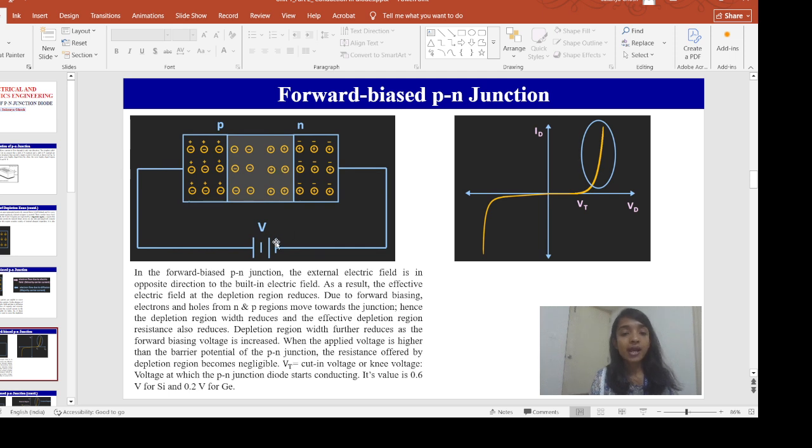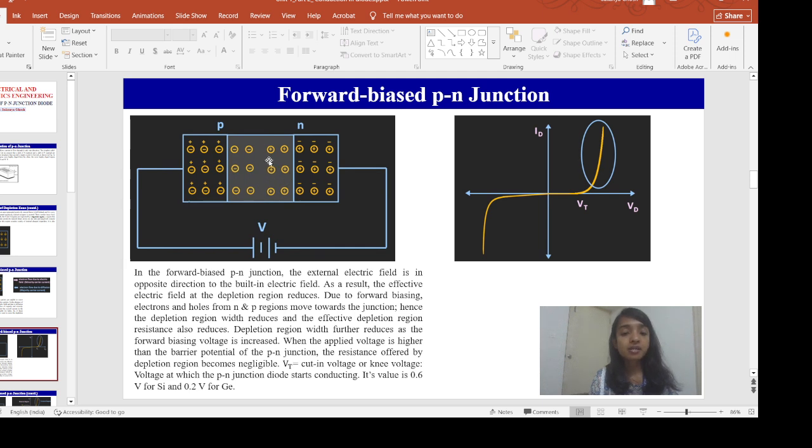As we keep increasing the battery voltage, the effective depletion region width reduces. As the depletion region width reduces, it becomes easier for the electrons to cross the barrier and reach the P side, and easier for the holes as well to cross the barrier and reach the N side.